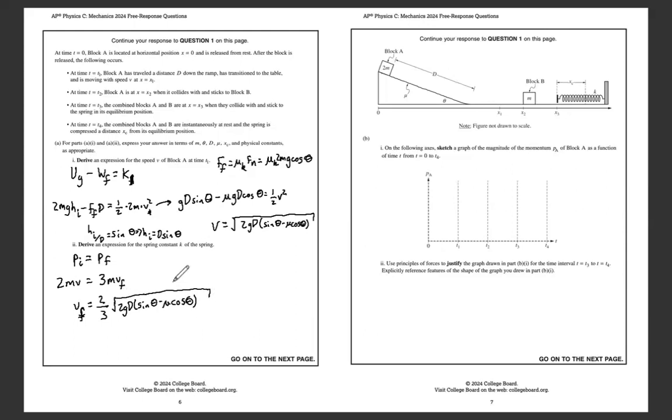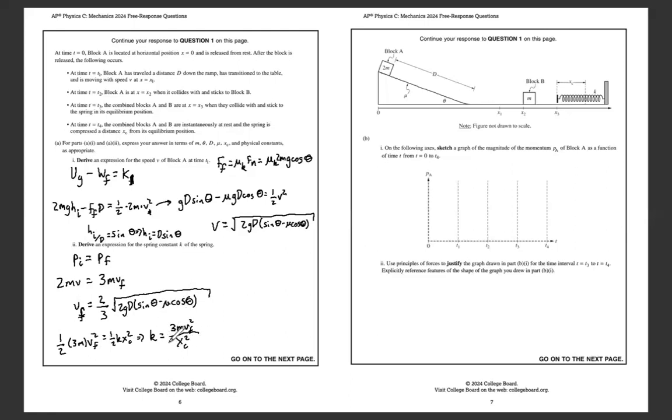After that, while those two blocks compress the spring, you're going to have conservation of energy. So you have 1/2 3m times v_f squared equal to 1/2 k times x_c squared. So therefore, k is going to equal 3m v_f squared over x_c squared. So that's fun.